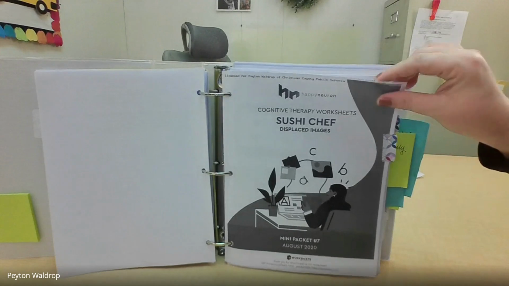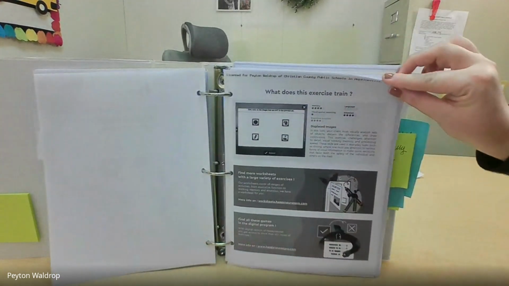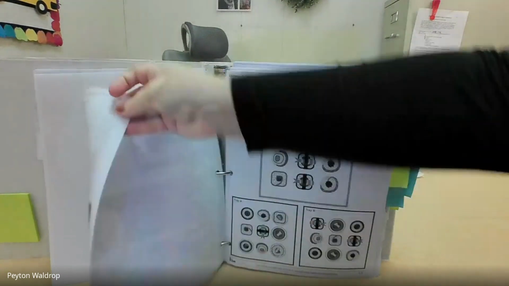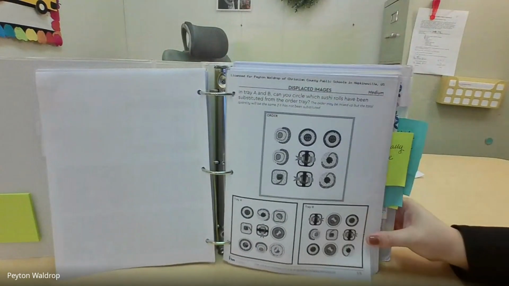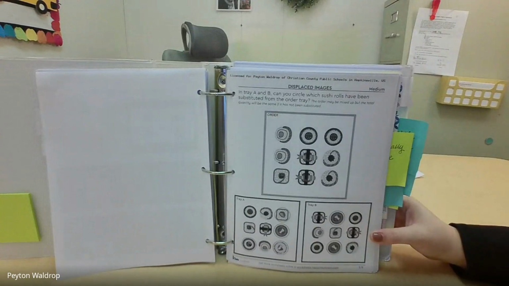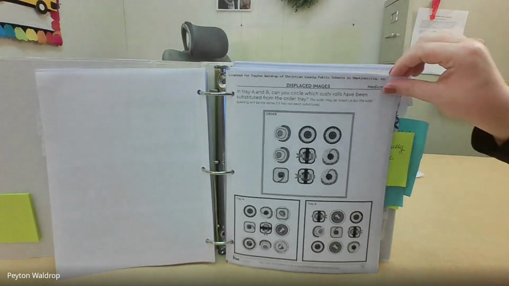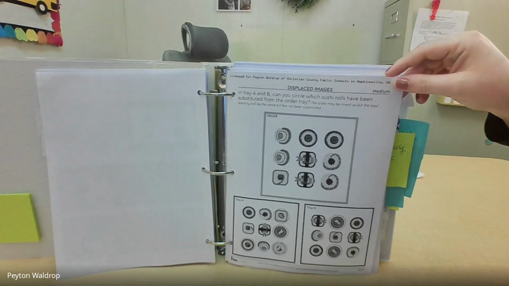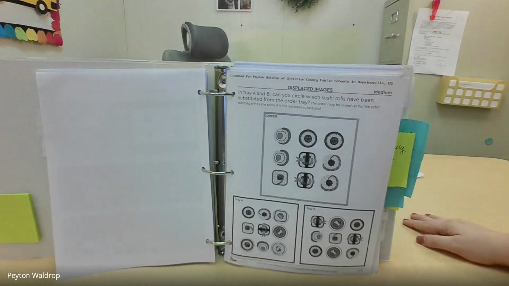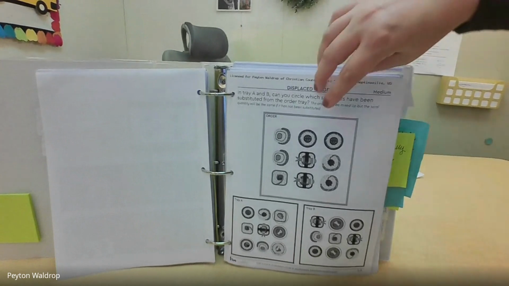So the first thing we have is called Sushi Chef, which basically in the activity, you are asking the client to match the order to what the person ordered verbally. So it says, can you circle which sushi rolls have been substituted from the order tray?